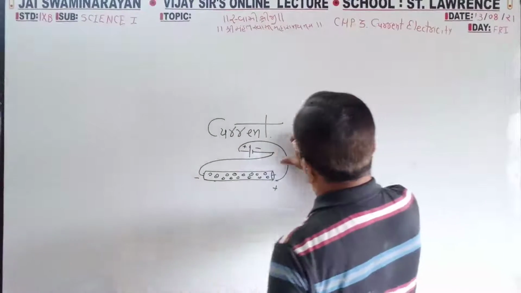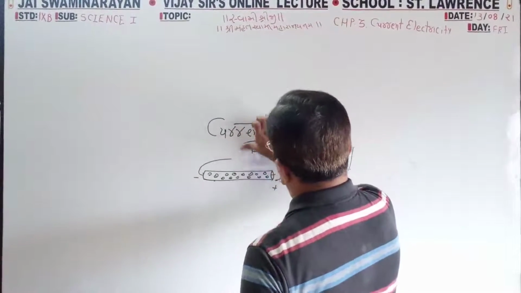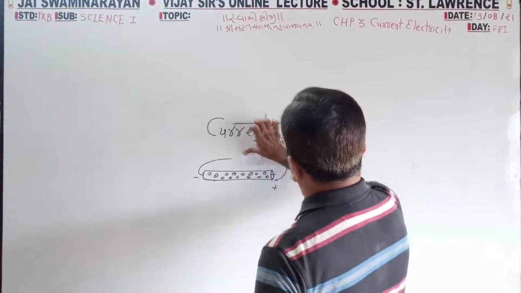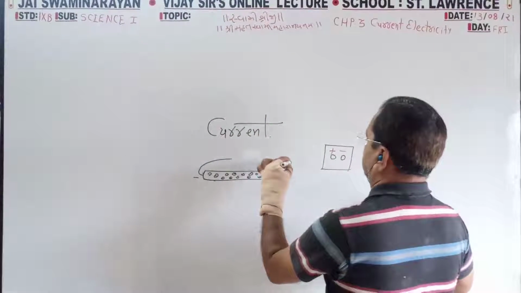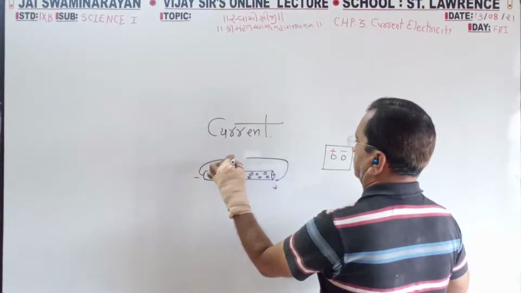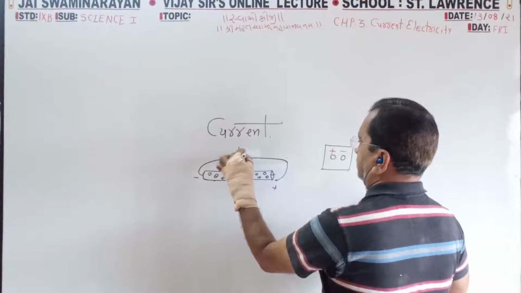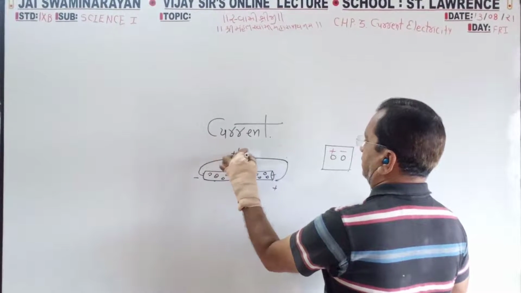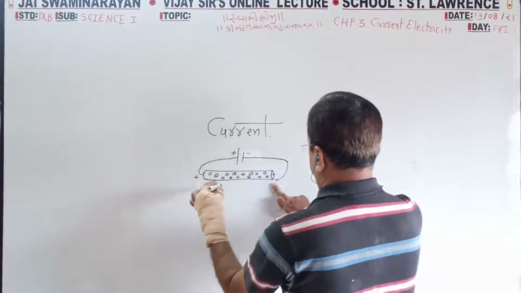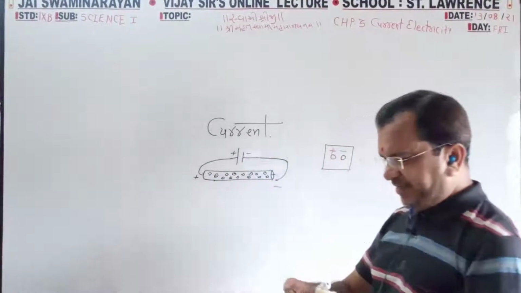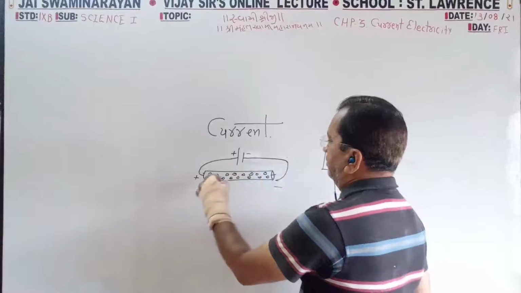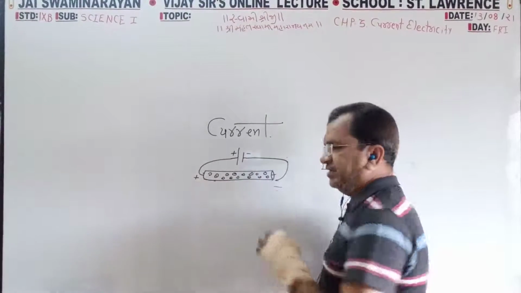So simply, big part, small part. Big is always positive, small is negative.